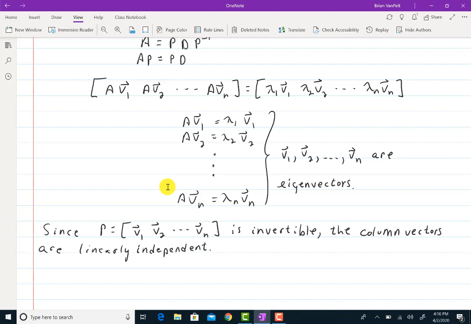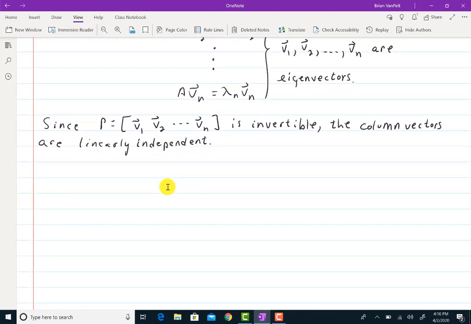So this satisfies the proof of the forward direction. Now the reverse direction, this time I'm going to assume that A has n linearly independent eigenvectors.